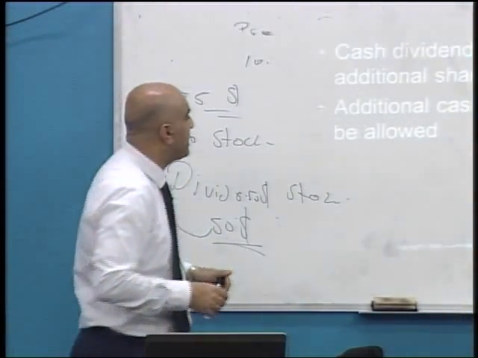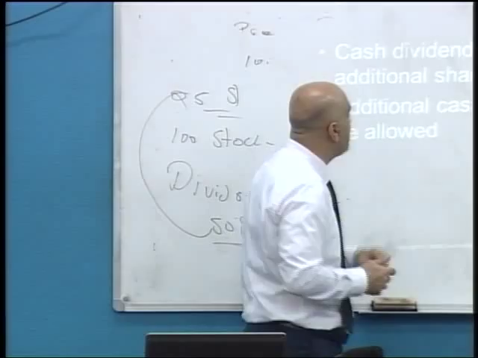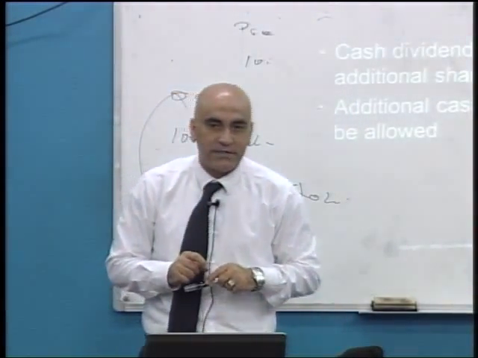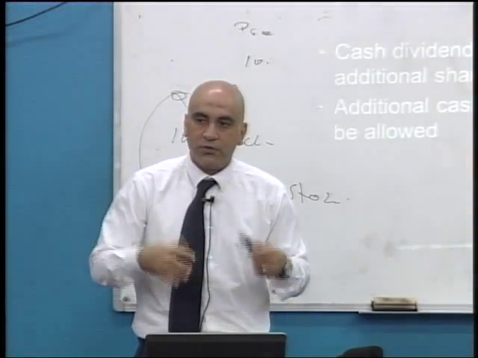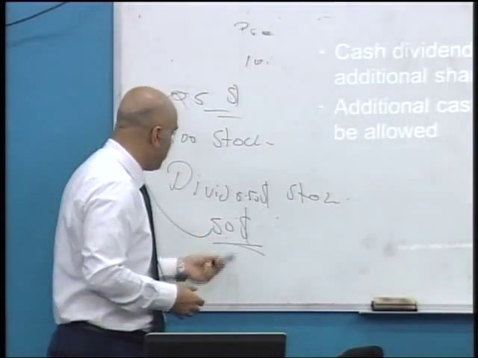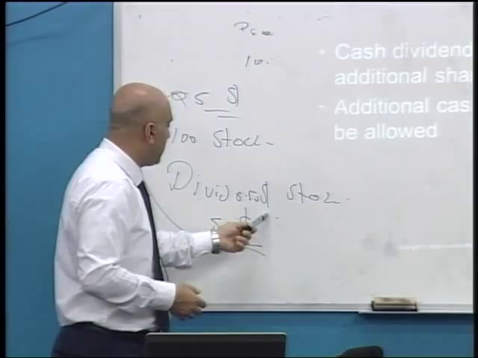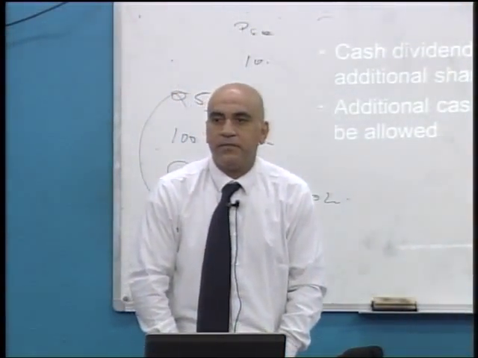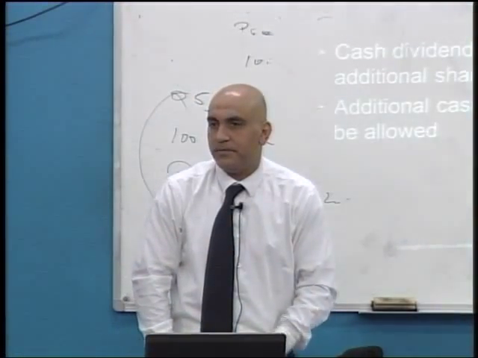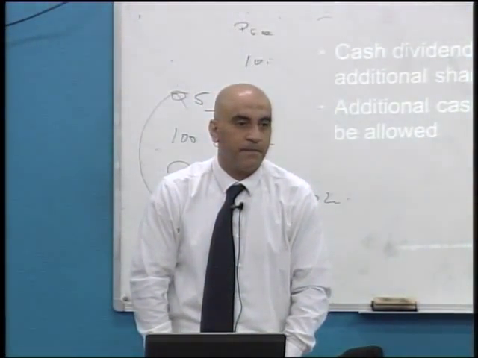And one more thing, additional cash contributions may be allowed. In addition to this, as you are an investor and you receive $50 as a dividend, you can say, okay, we can pay $100 in addition to the $50.